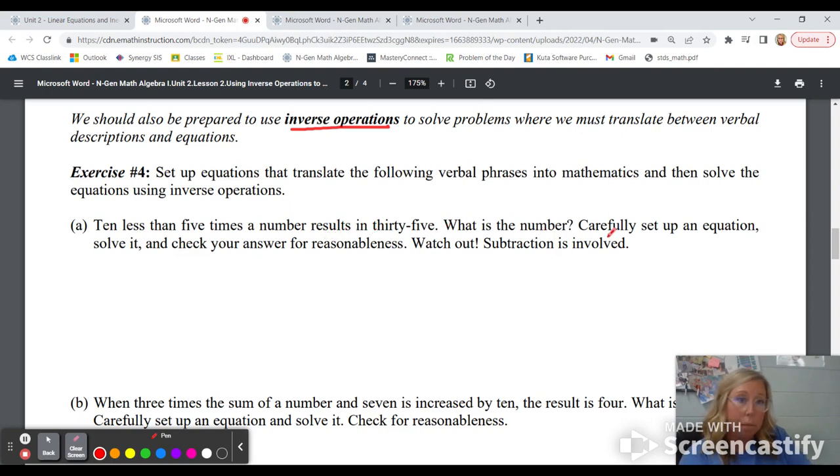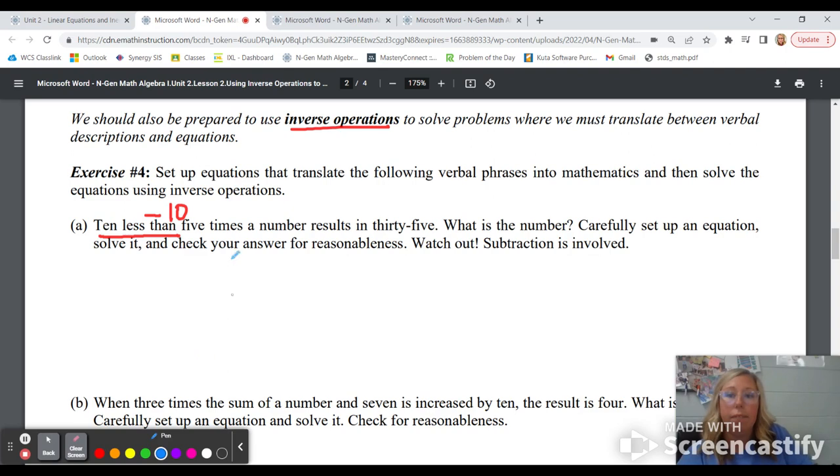What is the number? We're going to set up the equation by translating these words into algebraic symbols and numbers and then solve. 10 less than: we have learned that less than is a subtraction phrase that means to reverse the order. So 10 less than actually means minus 10.